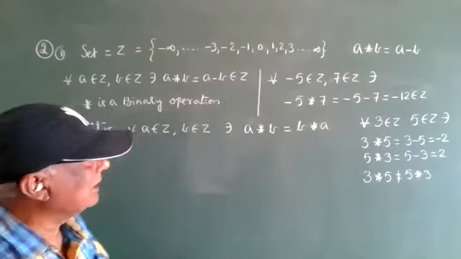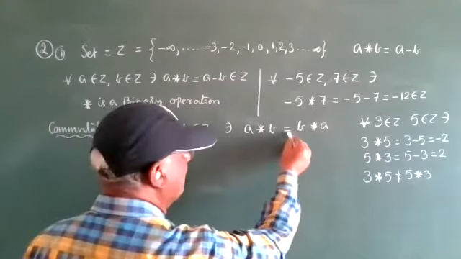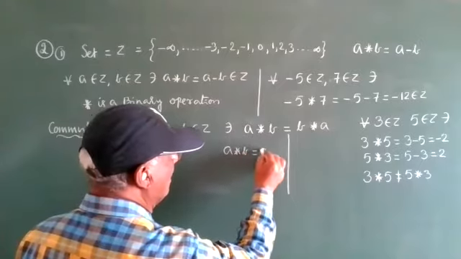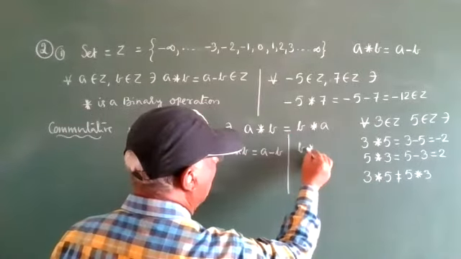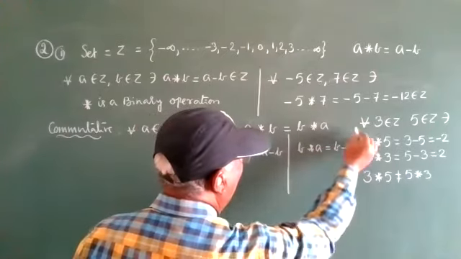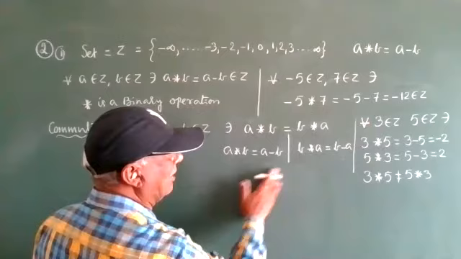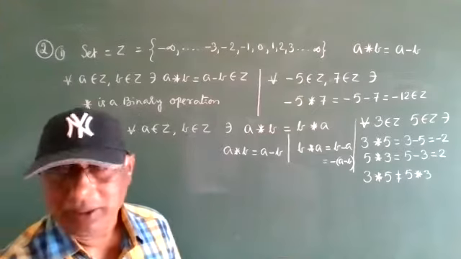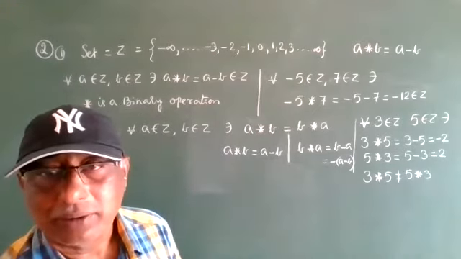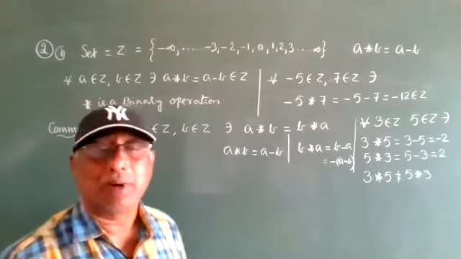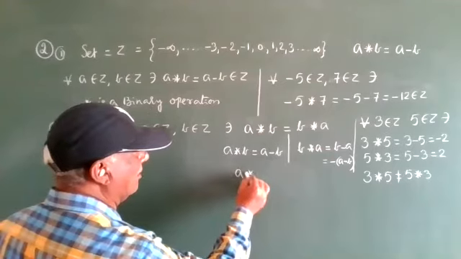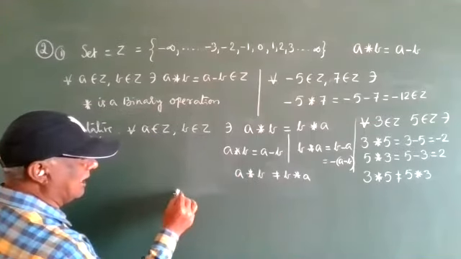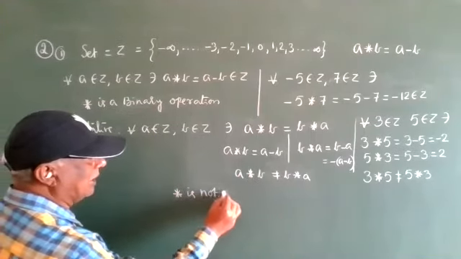Everyone clear? Now I will write here. A star B is equal to A minus B. Here B star A is equal to B minus A. Both are not equal, because this is the minus of A minus B. A star B is not equal to B star A. Therefore, star is not commutative.